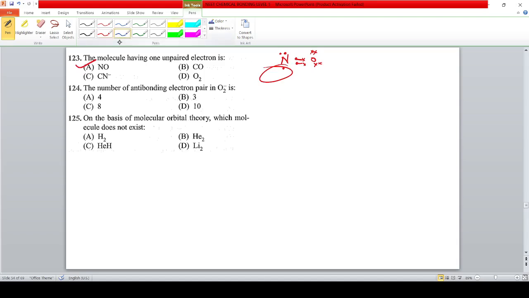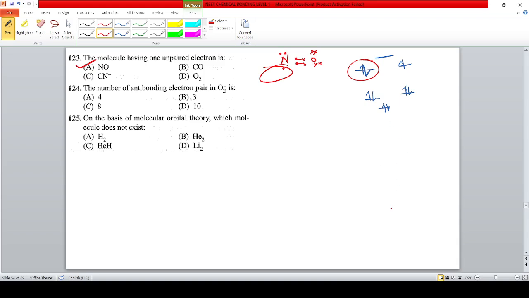Next. The number of anti-bonding electron pairs in O2 minus. I'll draw O2. Sir, O2 should be like this. 1, 2, 3, 4, 5, 6, 7, 8. Minus means there should be another electron here. So, the number of anti-bonding electron pairs. They are asking pairs. Only one anti-bonding electron pair here.